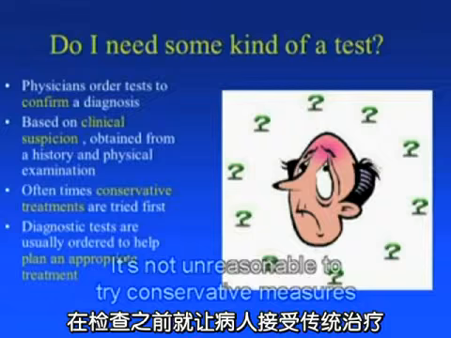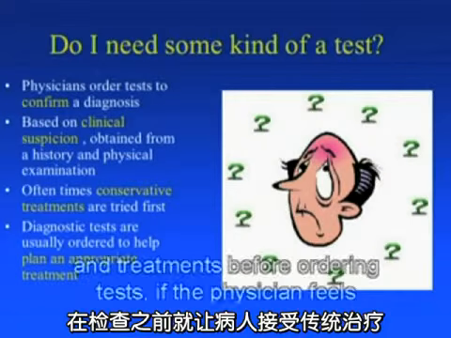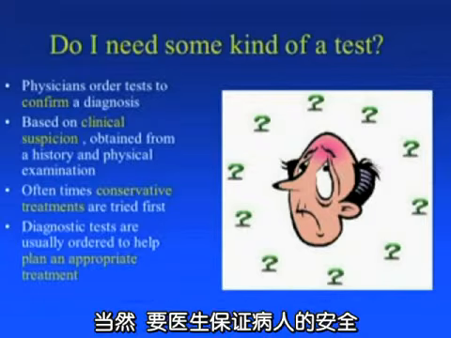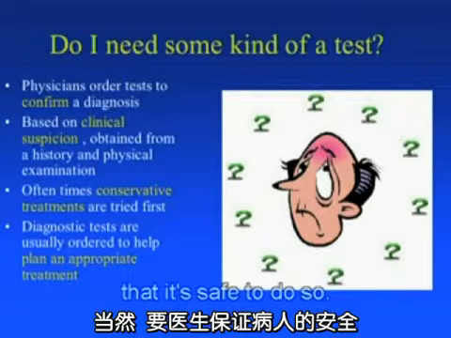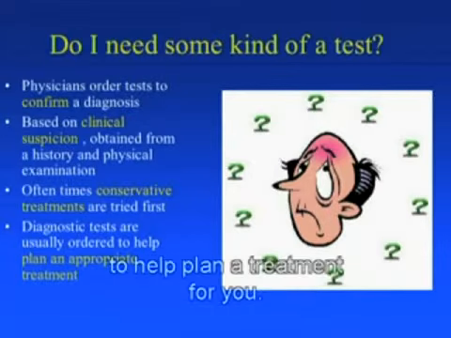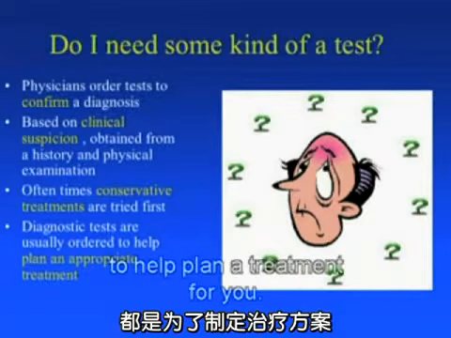It's not unreasonable to try conservative measures and treatments before ordering tests if the physician feels that it's safe to do so. Diagnostic tests are usually ordered to help plan a treatment for you.